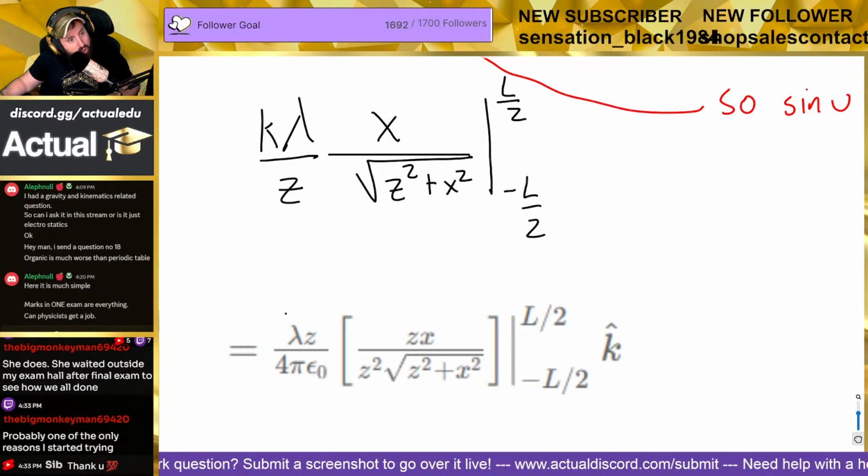Can physicists get a job? That's an interesting question, Aleph. I mean, I'm a physicist. I have a job for now. Actually, if you want to go outside of physics, you can definitely get a job. They hire a lot of physics people to do finance and modeling and stuff, mainly because physics teaches you a way of thinking, a way to solve problems that you don't necessarily know the answer to.